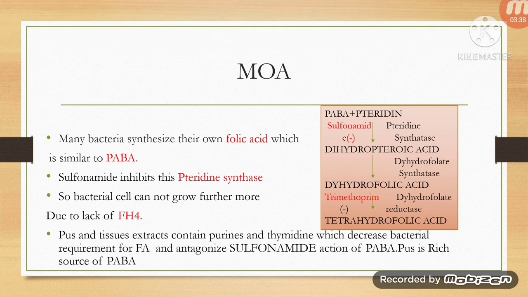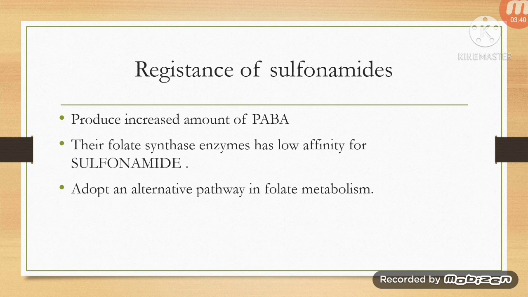Then resistance to the sulfonamides. Before we study resistance, we should know what resistance is. Resistance means microorganisms that are not inhibited by the usually achievable systemic concentration of an antimicrobial agent with a normal dosage schedule.